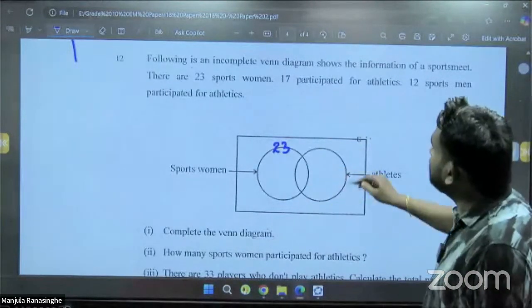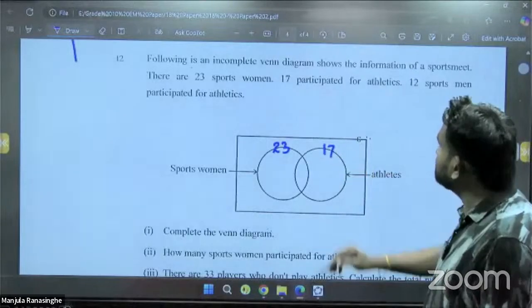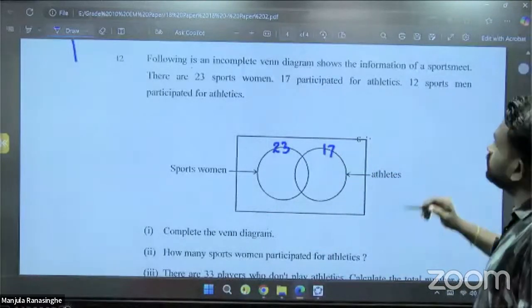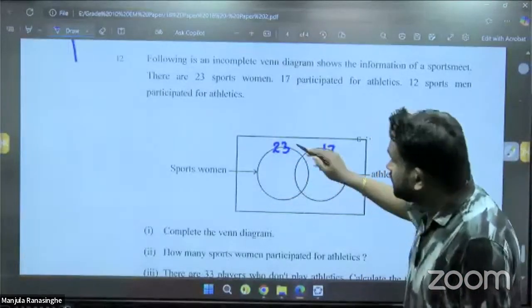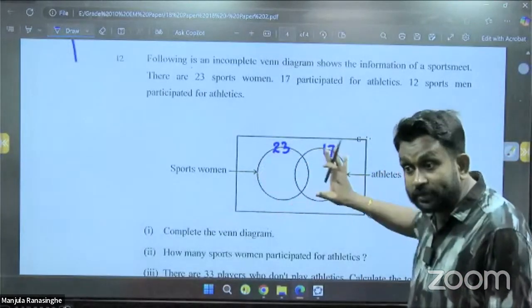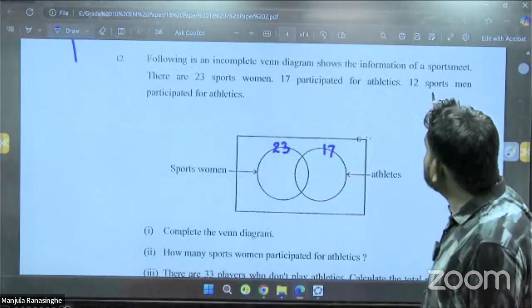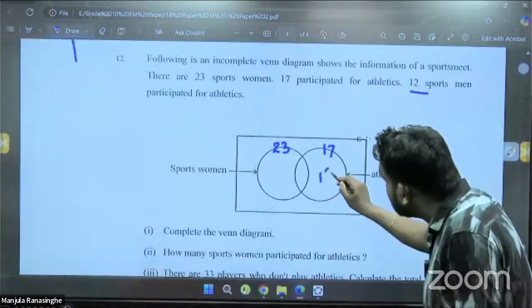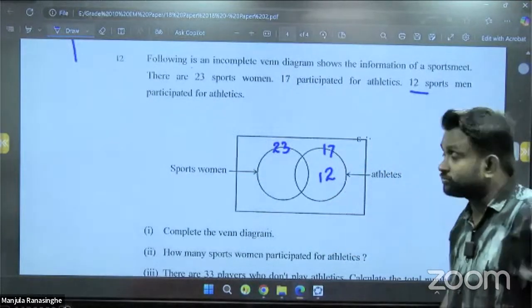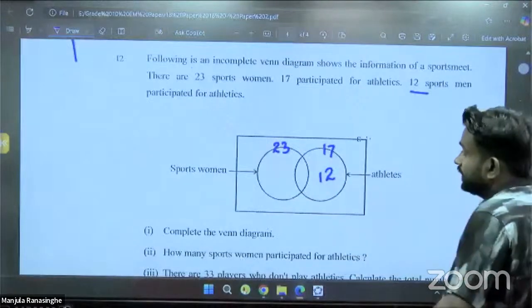So 17 for athletics, at 17. 12 sportsmen participated in athletics. So men means outside the woman set, but they are in athletics. Then athletic men means this part, because they are not women but they are in athletics.